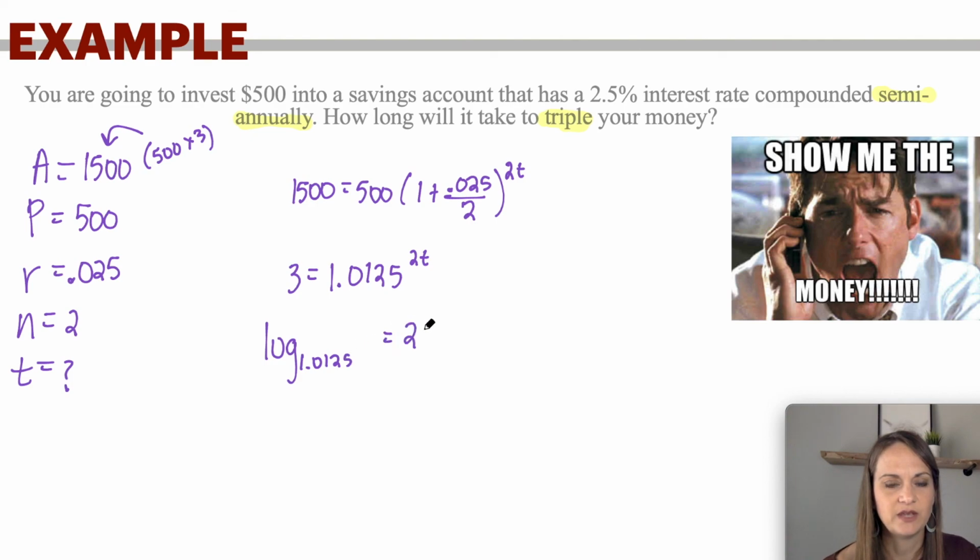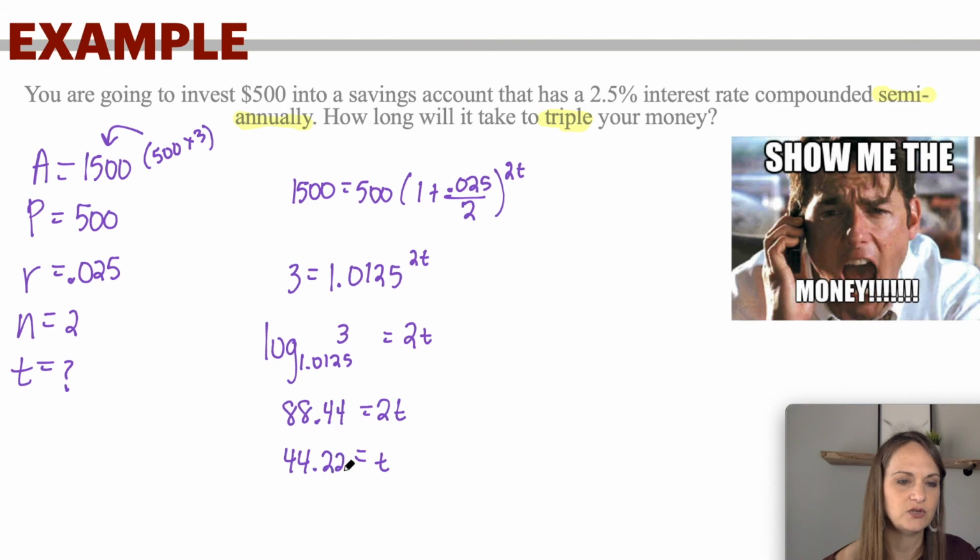The exponent becomes what it's equal to, and 3 goes there. So log of 3 divided by log of 1.0125 becomes 88.44. So to solve for t, it's going to be 44.22 years that it'll take to triple your money.